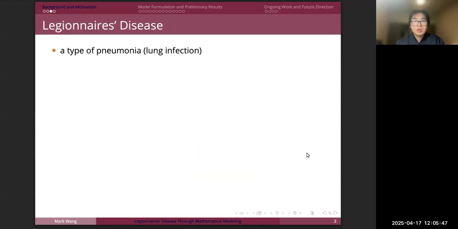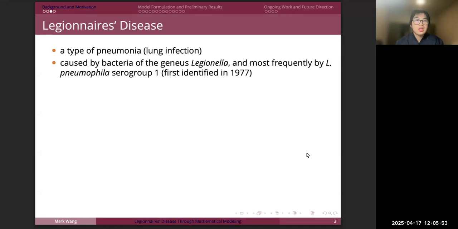And so to define what Legionnaires' actually is, it's a type of pneumonia, which is a type of lung infection. This is caused by a bacteria called Legionella, most frequently by L. pneumophila serogroup 1, which was first identified in 1977.